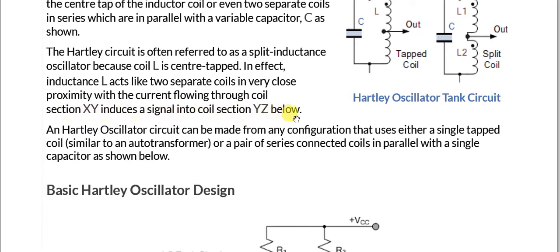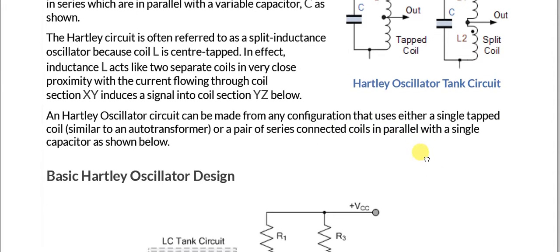A Hartley oscillator circuit can be made from any configuration that uses either a single tapped coil similar to an autotransformer, or a pair of series connected coils in parallel with a single capacitor as shown below.